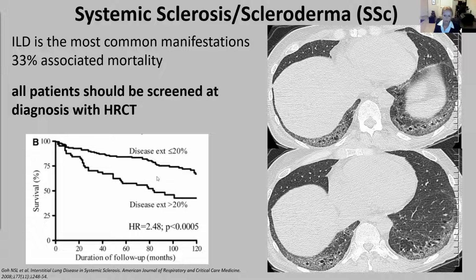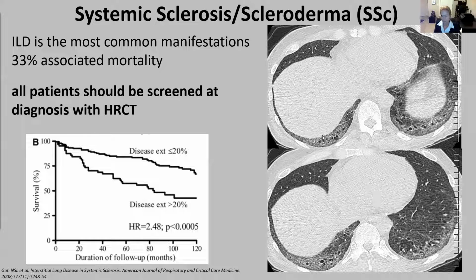The most simple thing you can do is to assess if there is more or less than 20% of involvement of the lung parenchyma. This, along with pulmonary function tests, will help rheumatologists to put the patient in a certain category for risk of development of significant mortality related to interstitial lung disease.